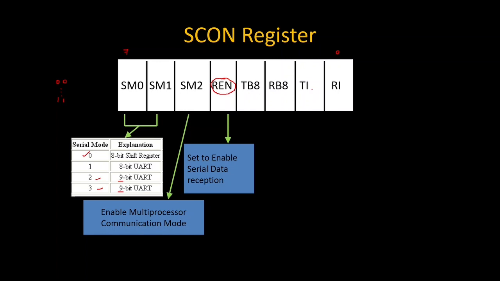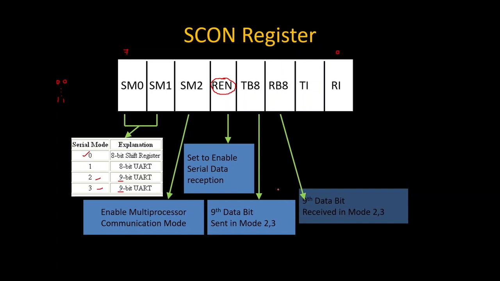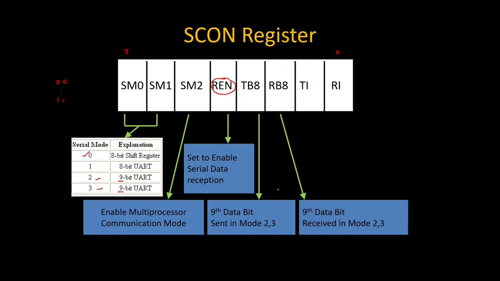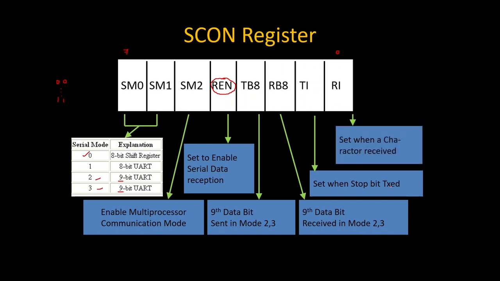What about TI? TB8 is the 9th bit in terms of mode 2 and 3, and RB8 is the 9th bit of the receiving mode. TI is the interrupt set when the stop bit is transmitted, so it says that the transmission is completed, and RI says that the receiving is completed.